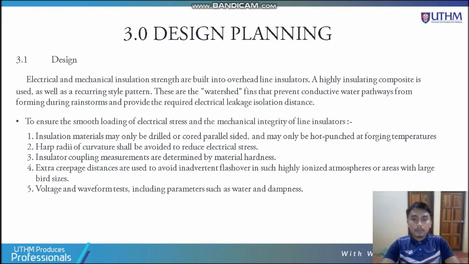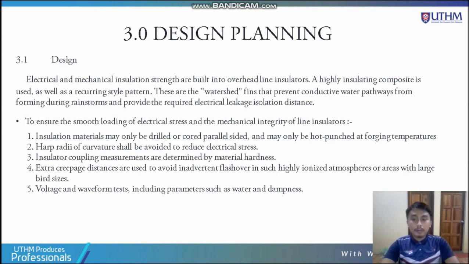They are the watershed film that prevent conductive water pathway from forming during rainstorm and provide the required electrical leakage insulation distance. To ensure the smooth loading of electrical stress and the mechanical integrity of line insulation, first is insulation.